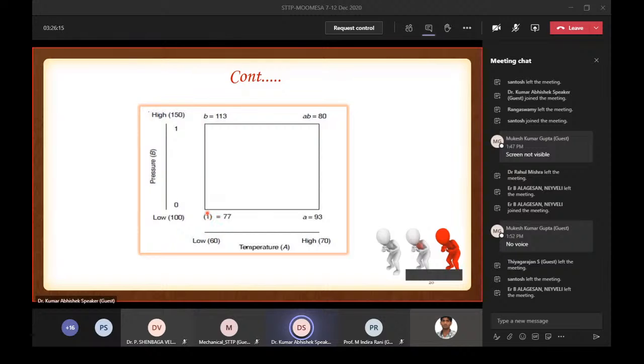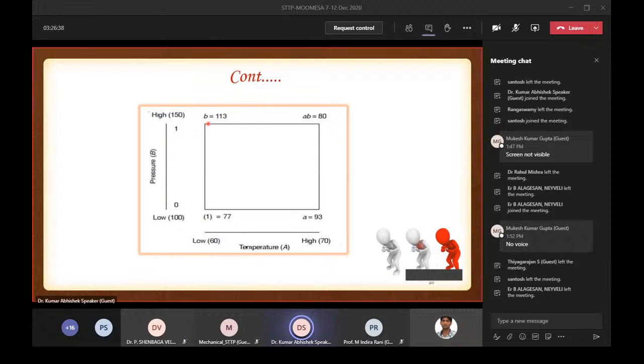If I represent 1 here, then it means that both the factors, the temperature and the pressure, are at the low levels. If I represent AB here, it means that both the input factors, the temperature and the pressure, are at the high level.